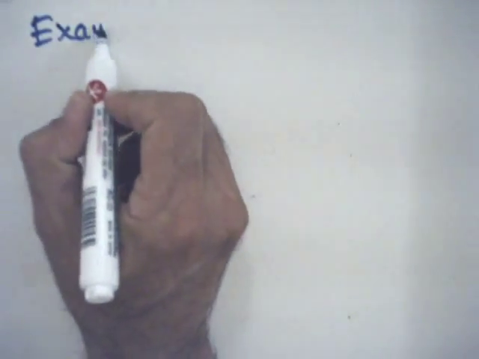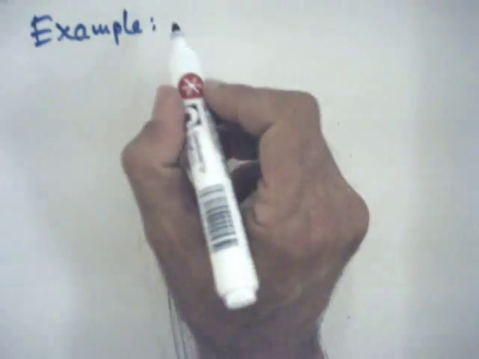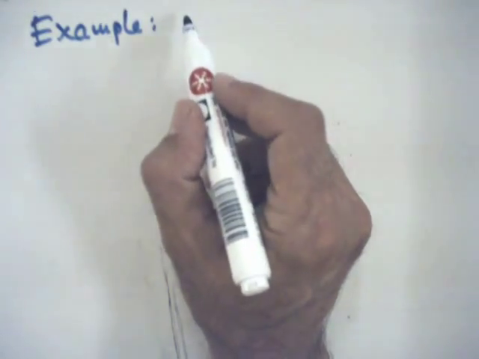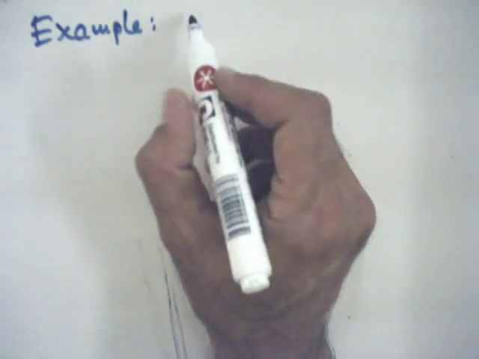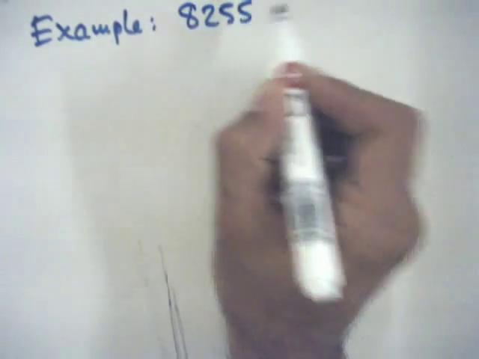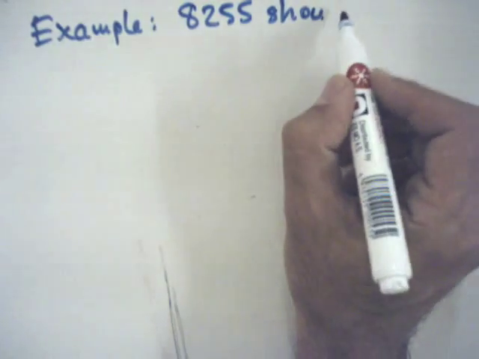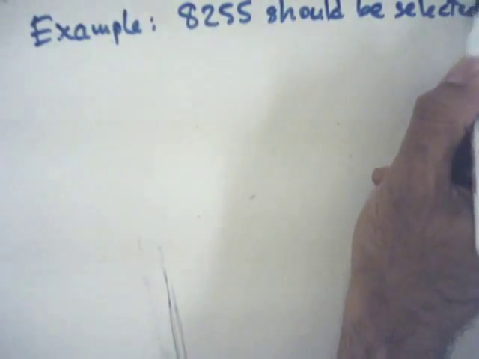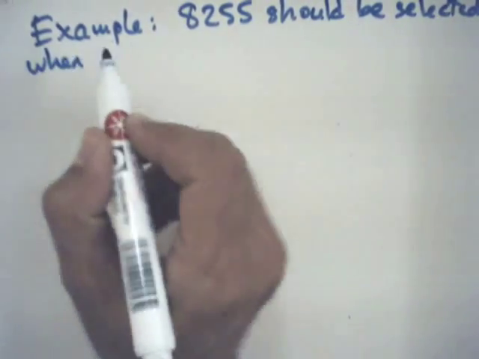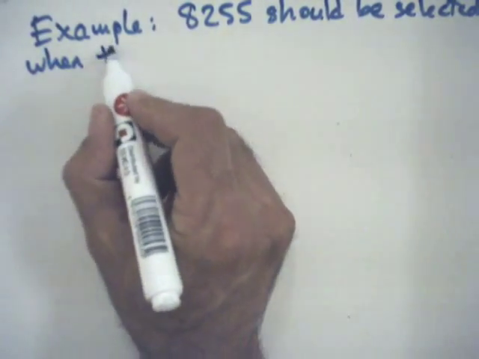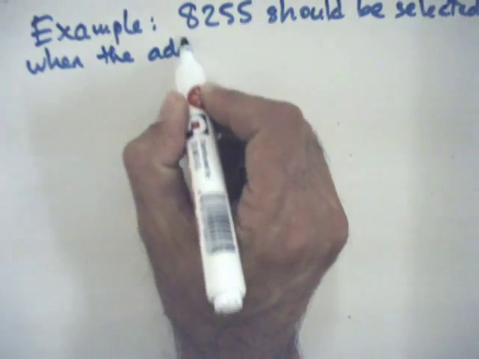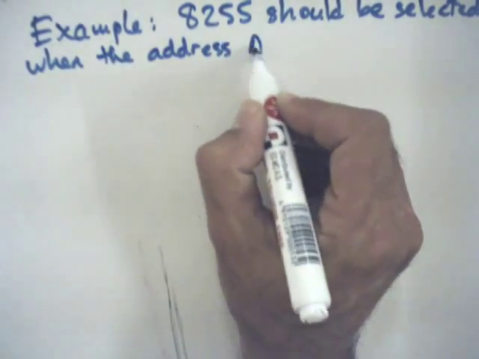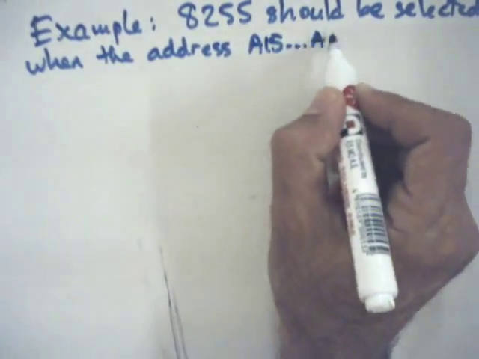For example, in the circuit it's desired that 8255 should be selected when the address A15 to A0, assume, are all 1.